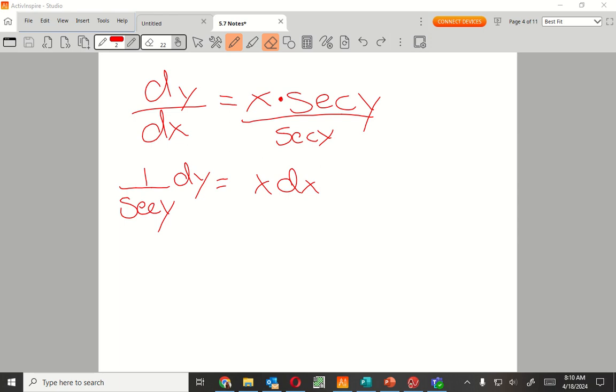Secant is the reciprocal of what? Cosine. So yes, I'm going to have cosine. That's going to turn into cosine y dy is equal to x dx. There we go. So that's what it means to do. All my y's are on my left, my x's are on my right. Super easy, right? Does that make sense now?